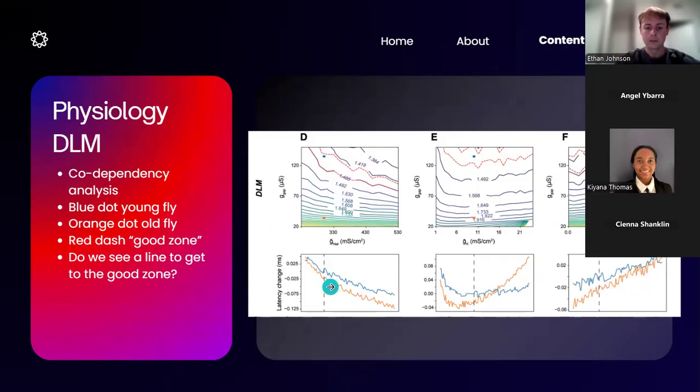And again, we're looking at this line and seeing, okay, is there any way we can get up here? No, not really. Okay, so we're kind of going over here and it's starting to go up, but still nowhere near that. Again, same story here. So again, we're seeing the same story that changing any of these is not having as large of an effect as if we were to change the gap junction conductance.